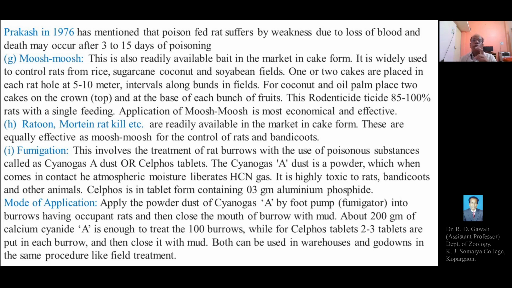So, the fumigation of the rat burrows is done with poisonous substances like cyanogas A dust or sulfose tablets.